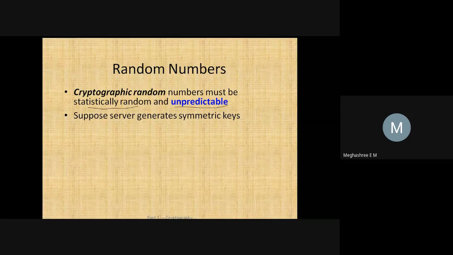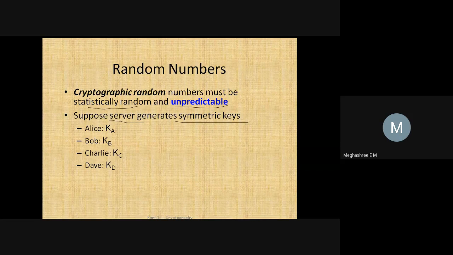Now let's consider an example or a scenario where there is a server which generates symmetric keys for the users. Let's say there are 4 users: Alice, Bob, Charlie, and Dave. These are the 4 users who use symmetric keys for encryption. The symmetric key for Alice is KA, for Bob it's KB, for Charlie it's KC, and for Dave it's KD.